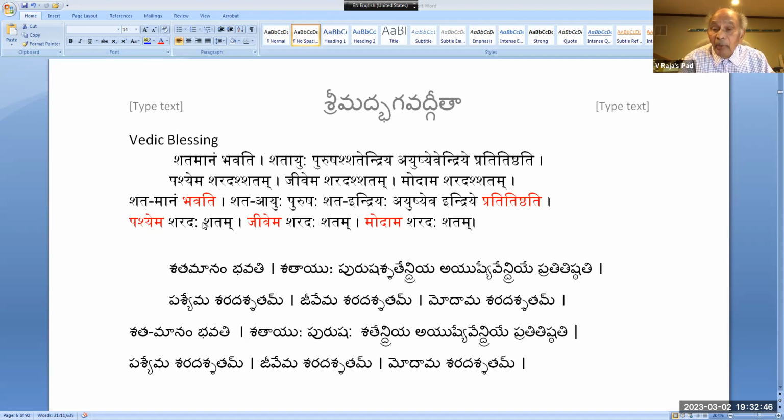You have to say, may you be able to see the 100 winters. That means you enjoy the whole year. Or Jivema Sharadam Shatam. May you live for 100 falls or winters. Modama, mud, is happiness. To enjoy.